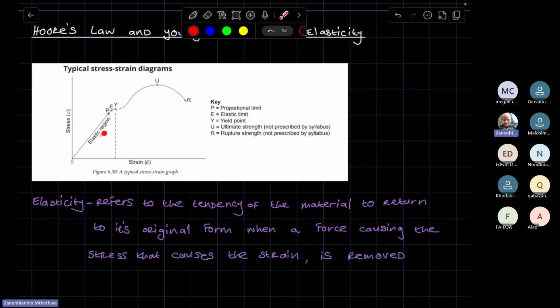Hence, me saying we only look at the mechanical properties where Hooke's law is being satisfied. Now, Hooke's law is only satisfied essentially in the elastic region, right? Beyond the elastic region, Hooke's law is no longer satisfied, right?